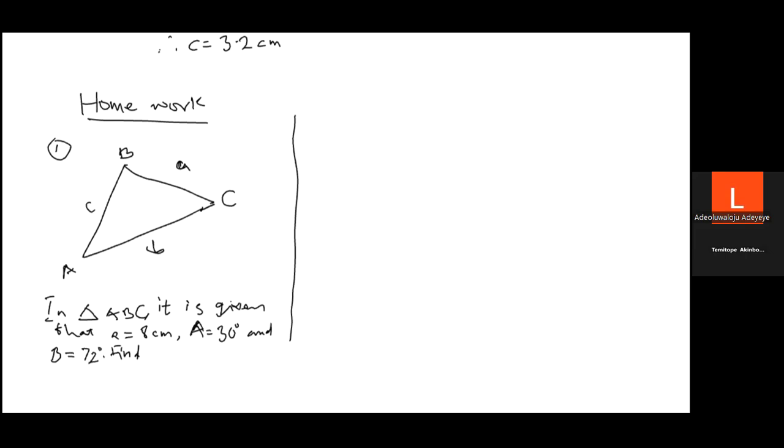Find the value of b. Take note of my lettering. Where I've used small letter, use small letter. Where I've used capital, use capital. Is that clear? Yes, sir. Okay, that's question 1.